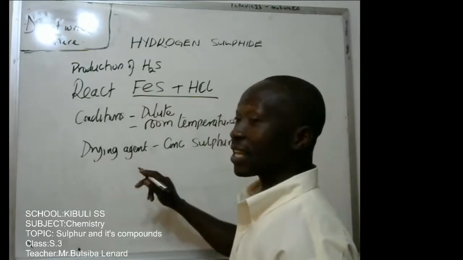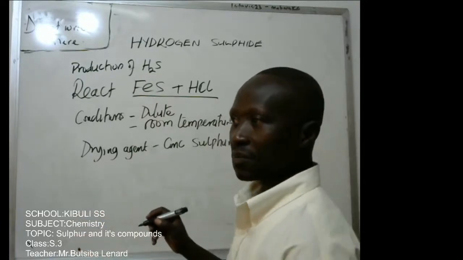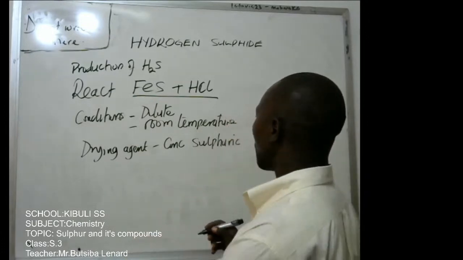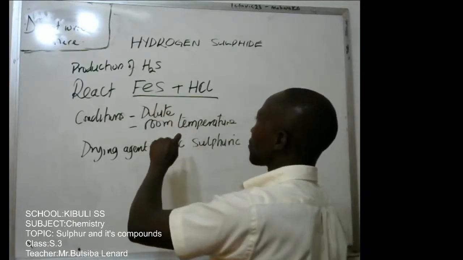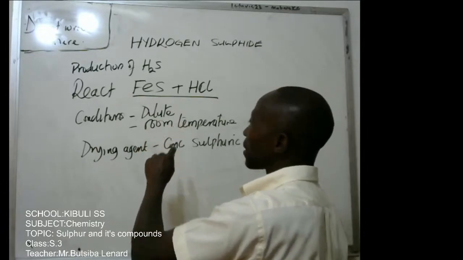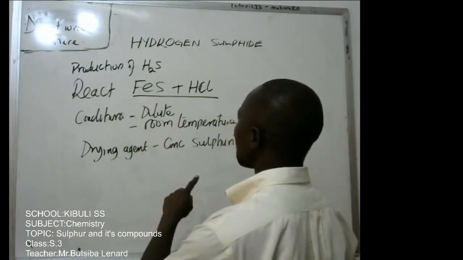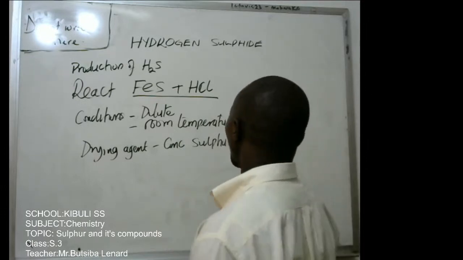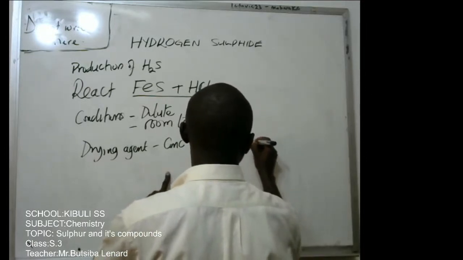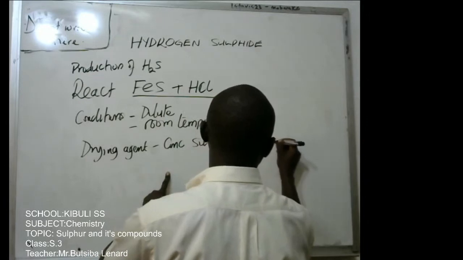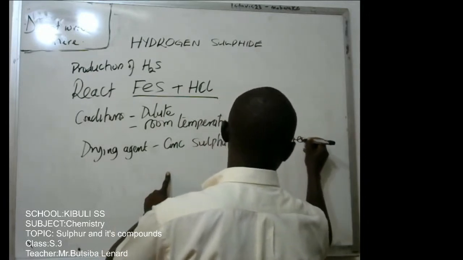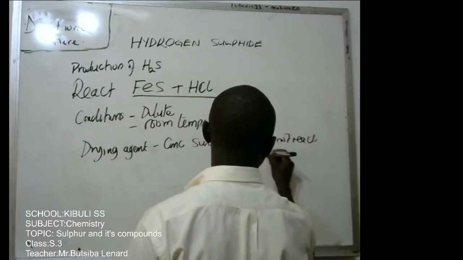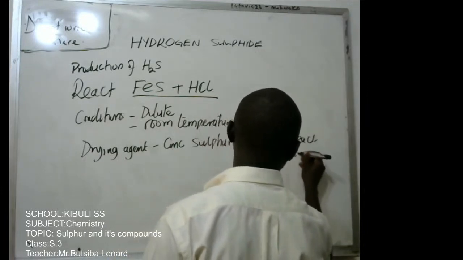Hydrogen sulfide is also an acidic gas. Therefore, no chemical reaction takes place between hydrogen sulfide gas and sulfuric acid. So we use sulfuric acid, reason being the gas does not react with the drying agent because it is an acidic gas.